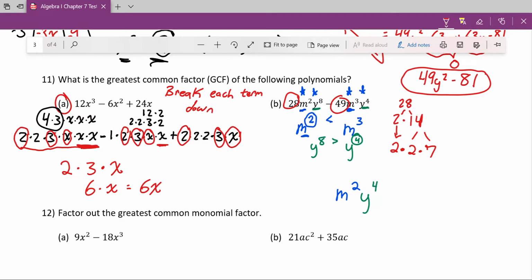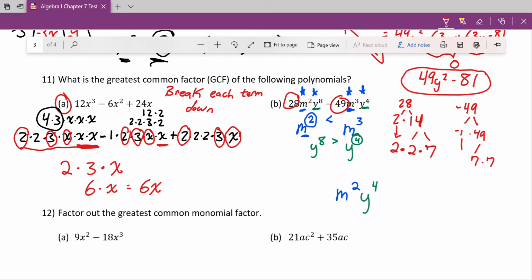Now, negative 49, I don't know if you know this, but negative 49 has a very specific set of factors. It is simply a square. So negative 49 is really just negative 1 times 49, and 49 can be broken down to 7 times 7.